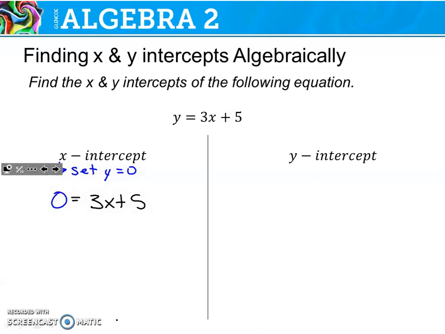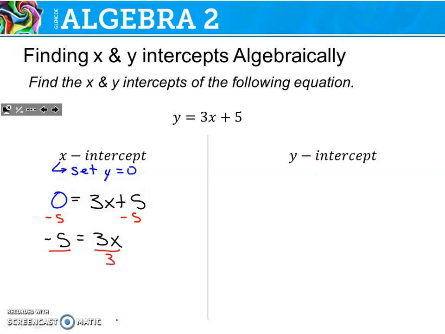Now all I need to do is solve. So I've got 0 equals 3x plus 5. Now I just need to solve this equation. Minus 5, minus 5. -5 equals 3 times x. Trying to solve for x, so I would need to divide by 3. Divide by 3. And I find that x equals -5/3.